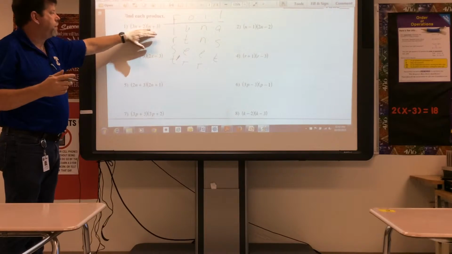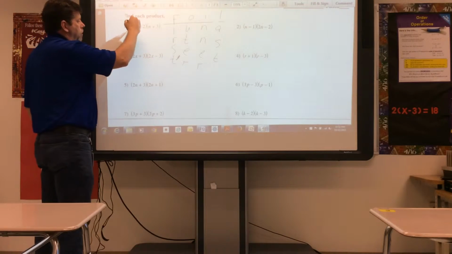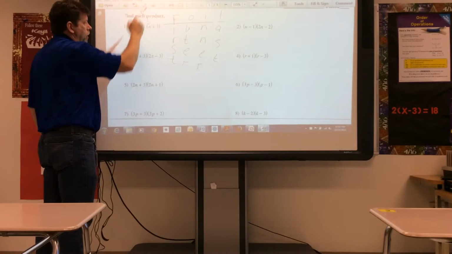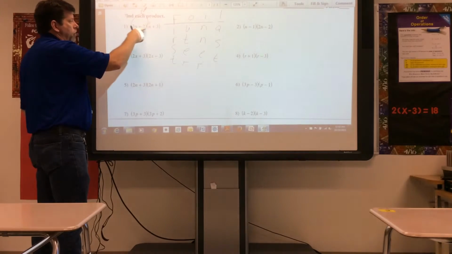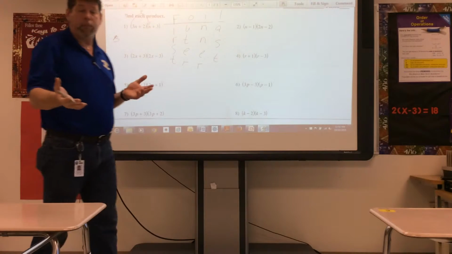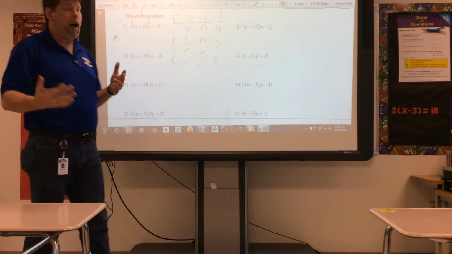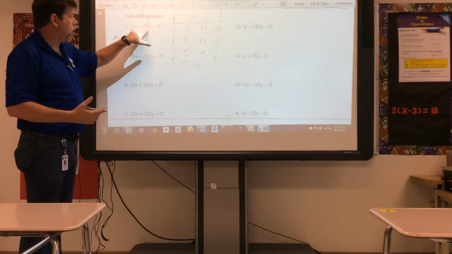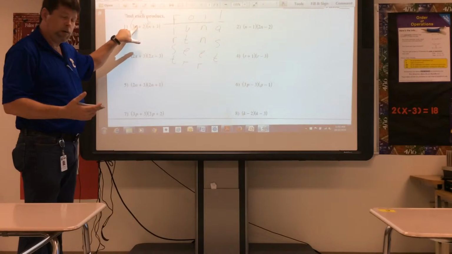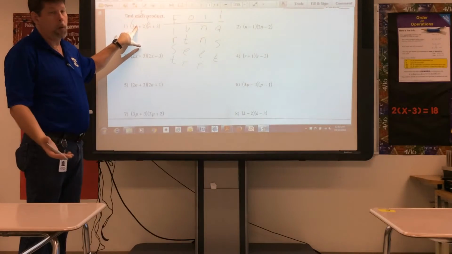Our f, or our first, is going to be the 3n times the 1n. I put a little f there. So 3 times 1 is 3. We go back to our exponents. When we're multiplying powers with the same base, because the n is the base, we add the exponents. If you don't see an exponent, it's automatically going to be 1.